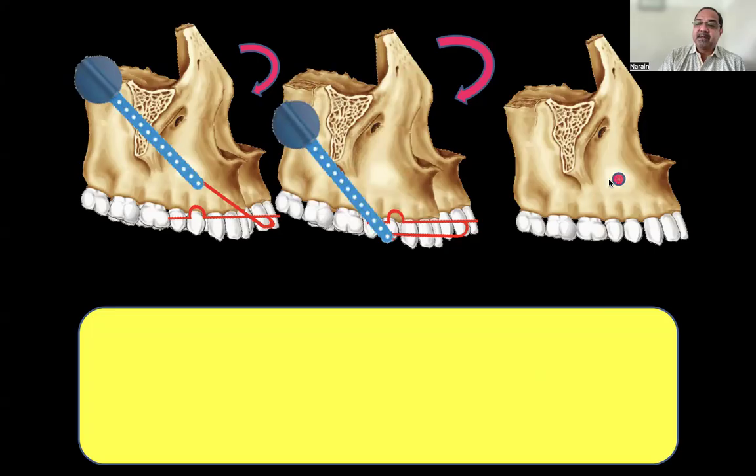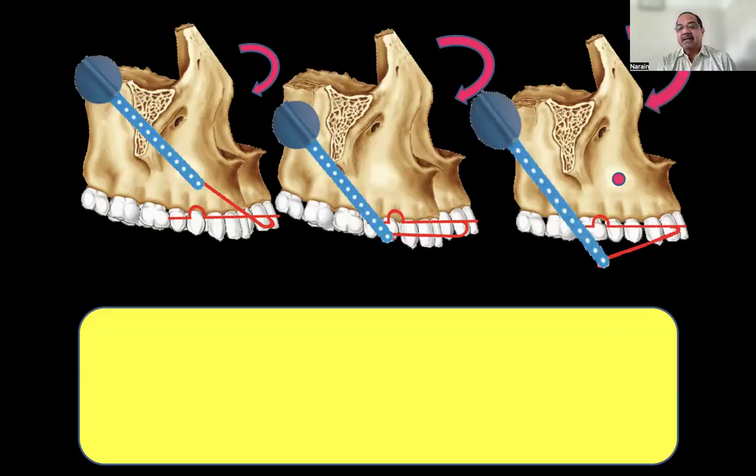Now finally we are placing the outer bow below the occlusal plane, and now you can see that the arrow is still larger and the moment is still more. That is because of the distance from the center of resistance of the maxilla to the point of force application. So here it is larger, here it is short, still lesser, and when you have it here, it is very close to the center of resistance of the maxilla.